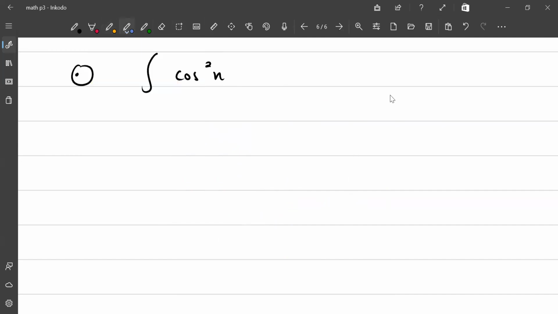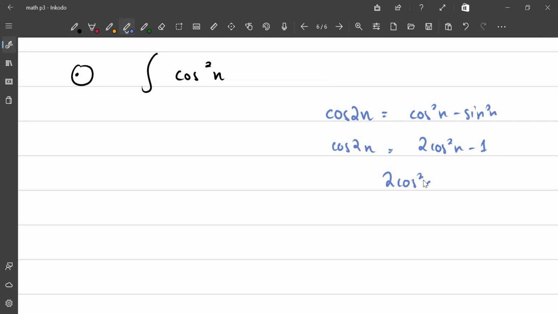So as I was saying earlier, we know that there is an identity: cos 2x is cos square x minus sine square x, which can also be rewritten as 2 cos square x minus 1. Now this can be rearranged as 2 cos square x equals cos 2x plus 1, and cos square x can be rewritten as cos 2x plus 1 divided by 2.